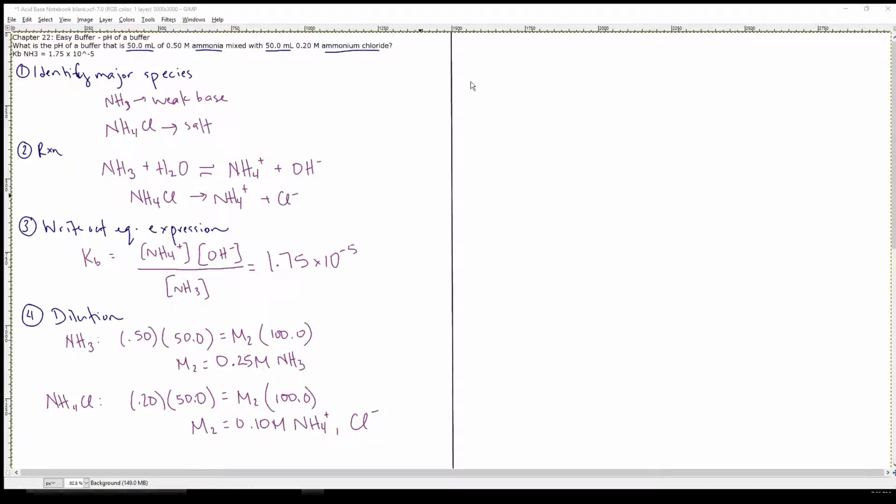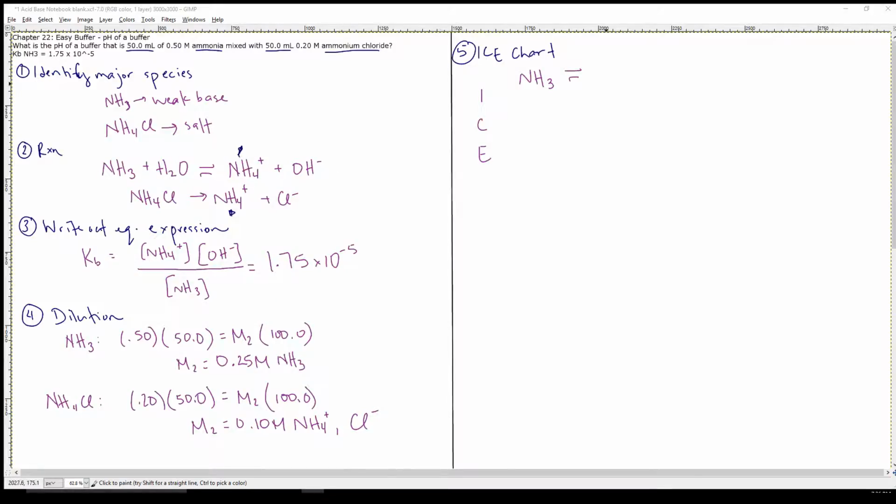Alright, so now we are going to use this information to set up our ICE chart. So ICE, and I'll just write it for my base. And remember, we have a common ion here between the ammoniums.